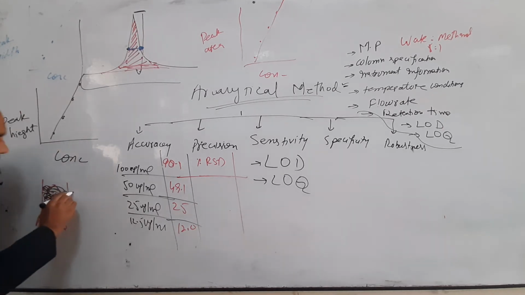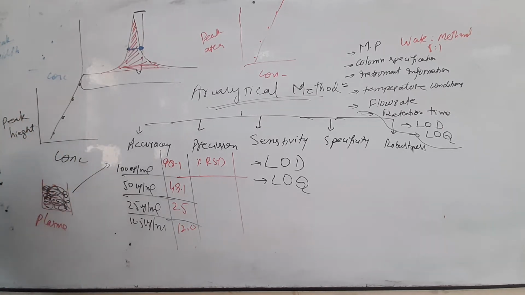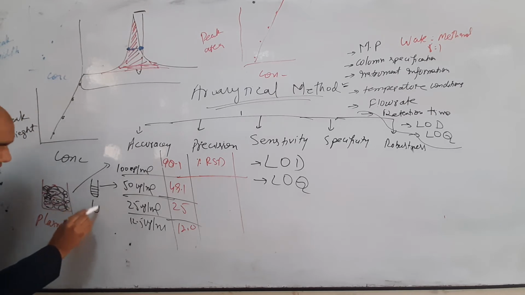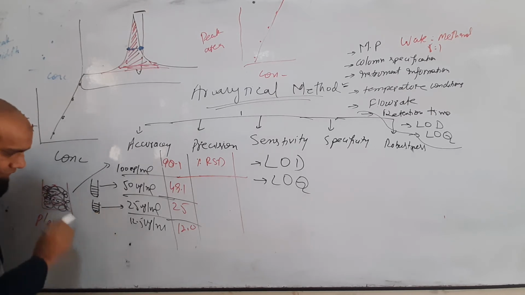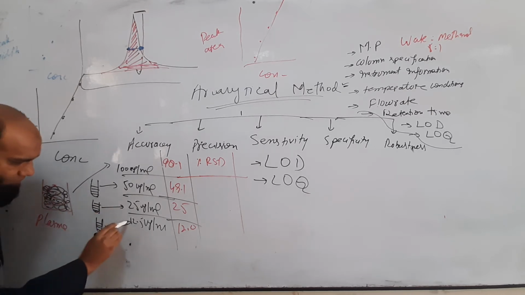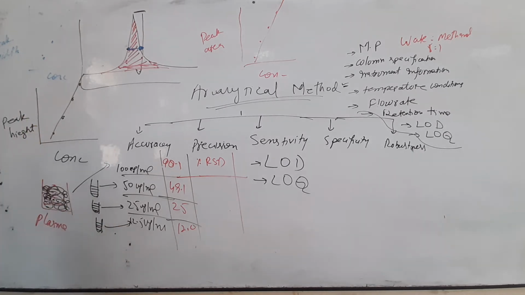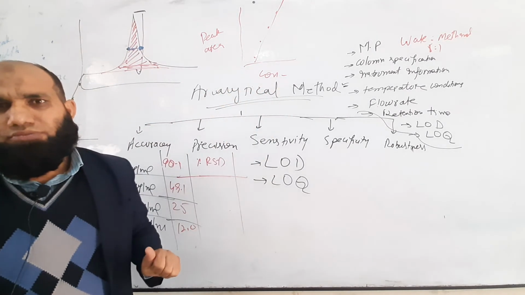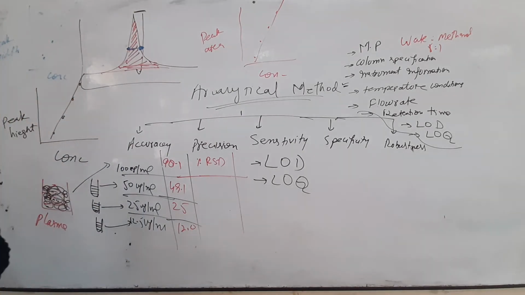Say its concentration is 100 microgram per ml. We can make dilutions of 50 microgram per ml, 25 microgram per ml, same 12.5, by taking dilutions just like in the case of mobile phase. Now, either we take 20 microliter or 50 microliter and inject it into the HPLC system, or we have to make some changes.